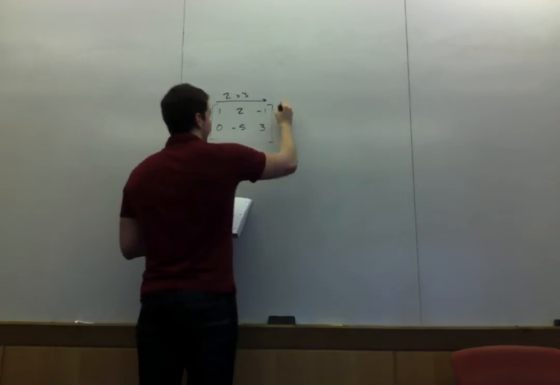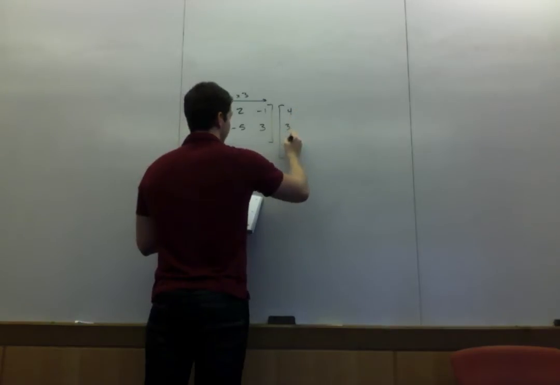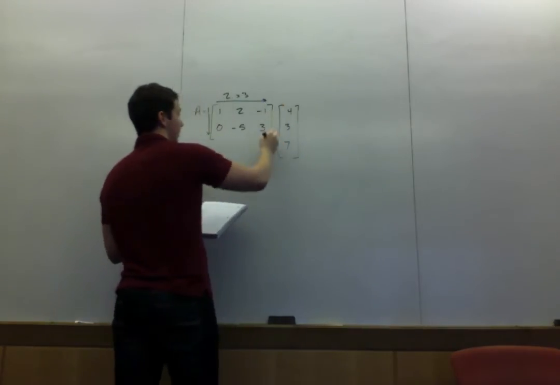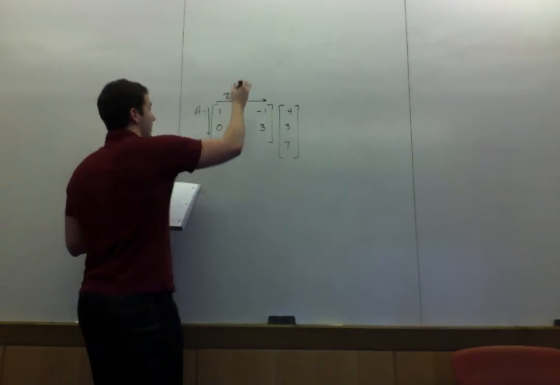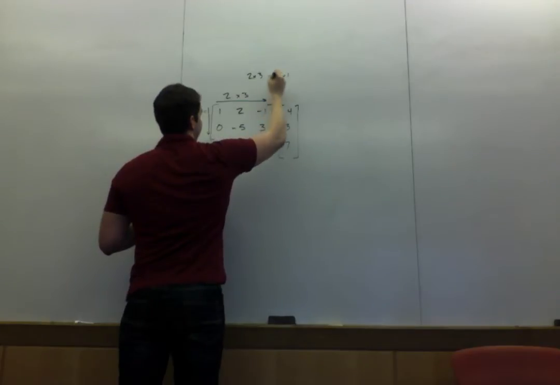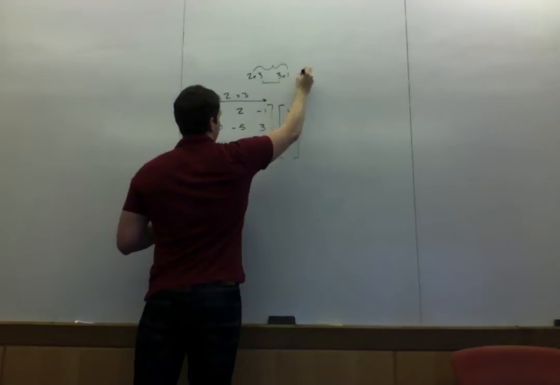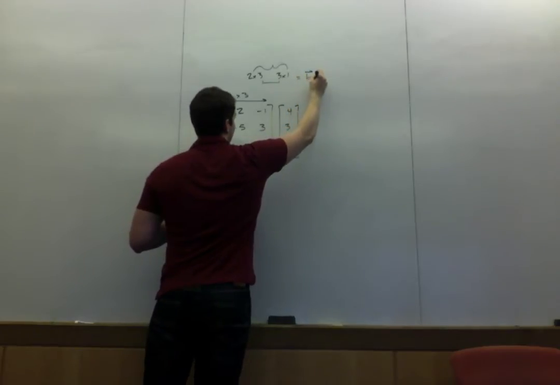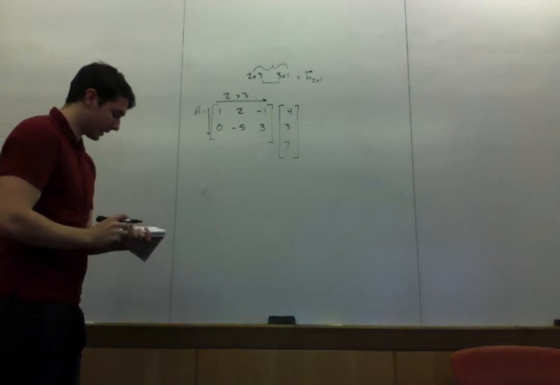Our x vector is 4, 3, 7, so here we have a 3 by 1 column vector. Now if we use, again, our dimensions, we have a 2 by 3 times a 3 by 1. These agree. So we should have a B that is a 2 by 1 column vector as our answer. So let's see if that works out.